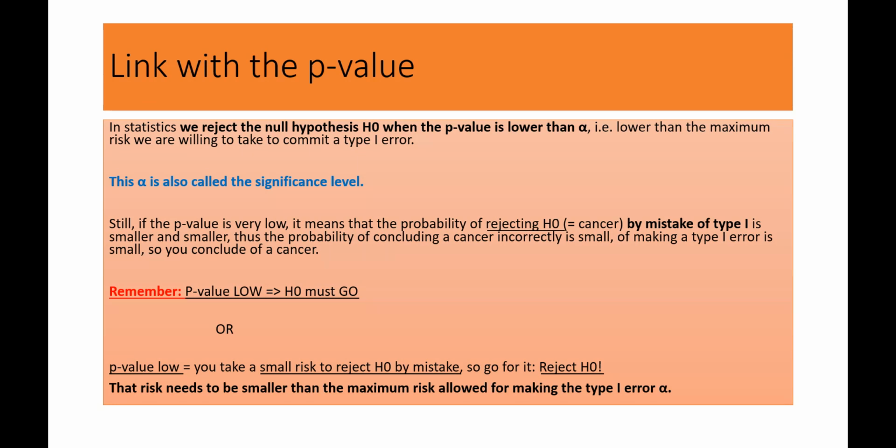P-value low means H0 must go. P-value low, you take a small risk to reject H0 by mistake. So go for it, reject H0. Okay? That risk, so the p-value, needs to be smaller than the maximum risk allowed for making the type 1 error that is called alpha. Okay?